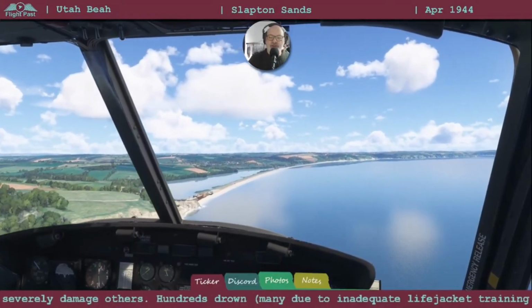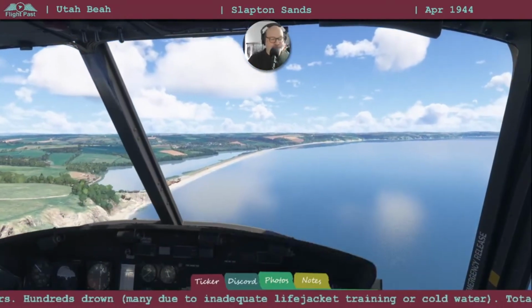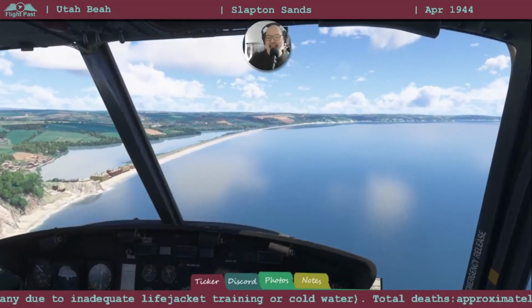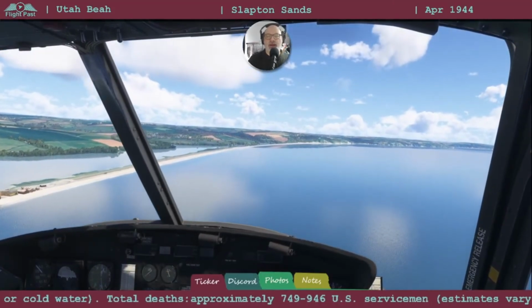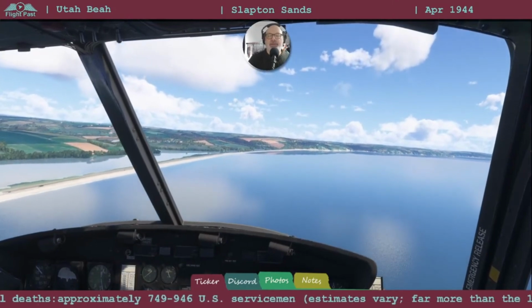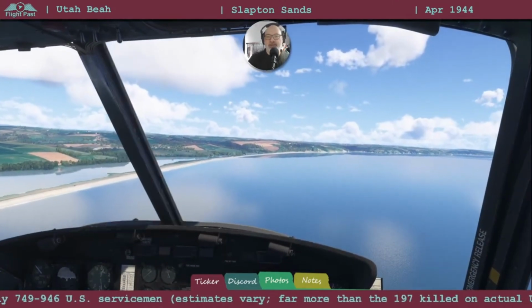The other issue was that there were believed to be at least 10 officers in those LSTs that had Bigot level clearance.